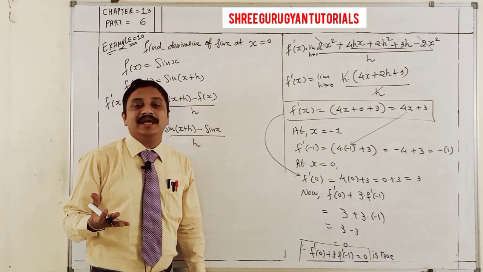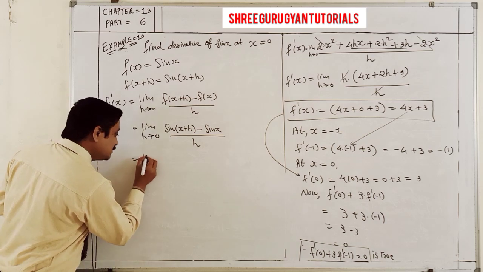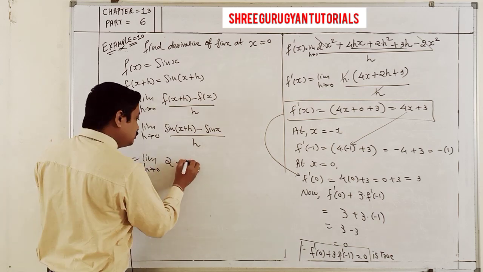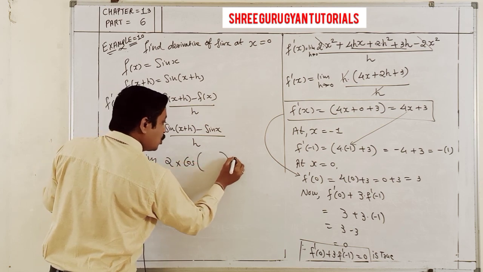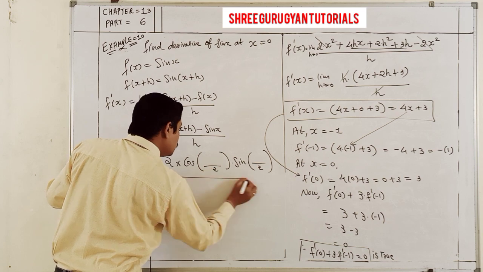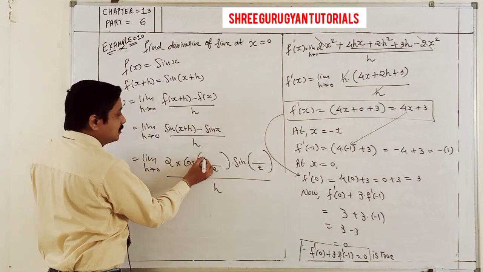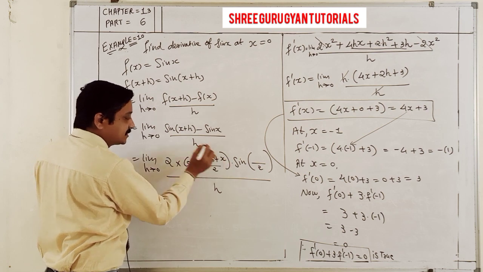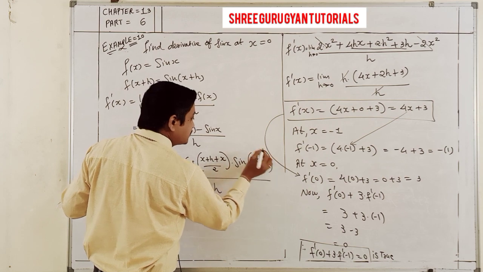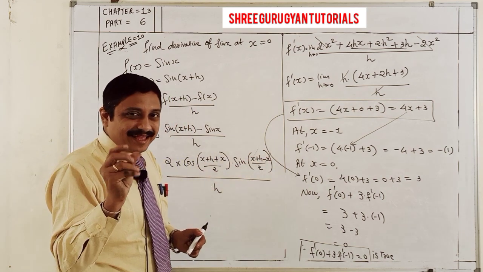And now you know the trigonometric formula for sin minus sin, which is 2 cos sin, with both angles divided by 2, upon h. Here adding the terms, x + h + x, and subtracting, x + h - x, surely the x and x cancel.